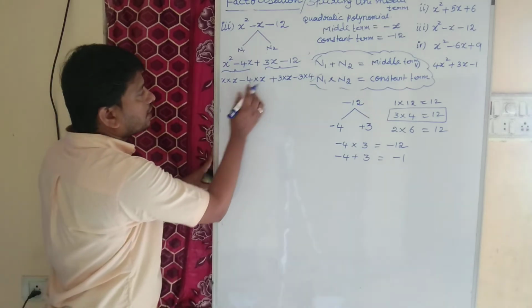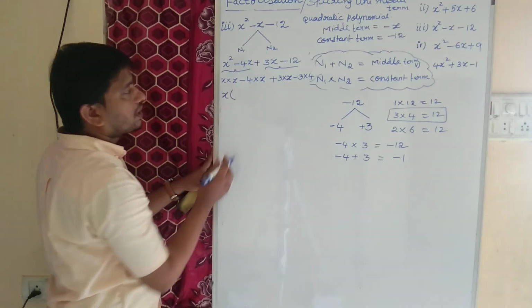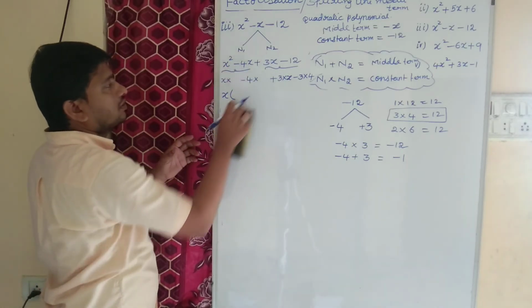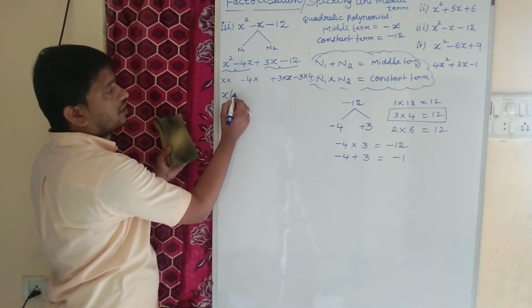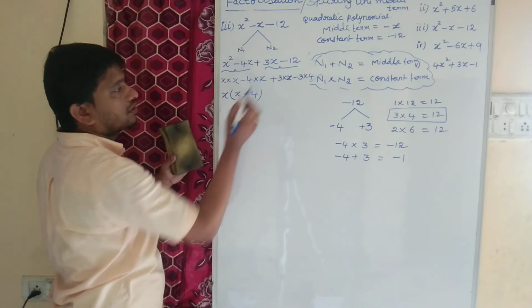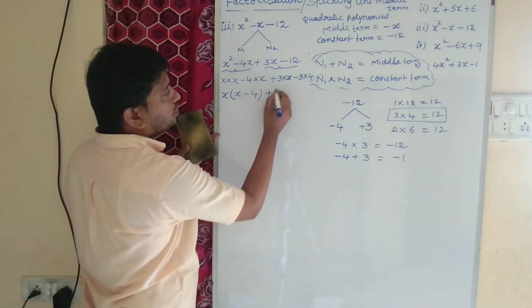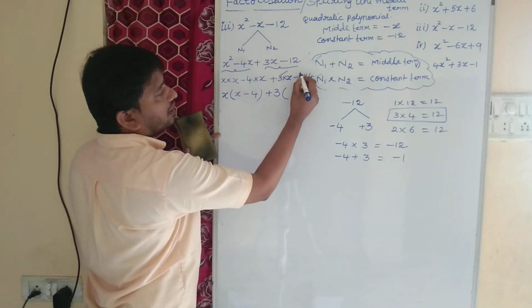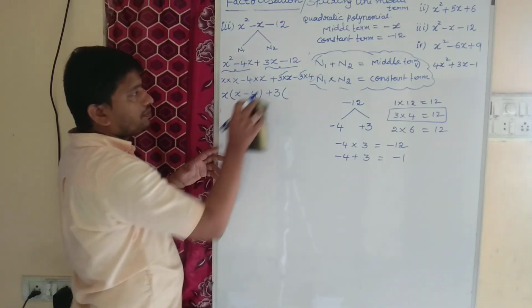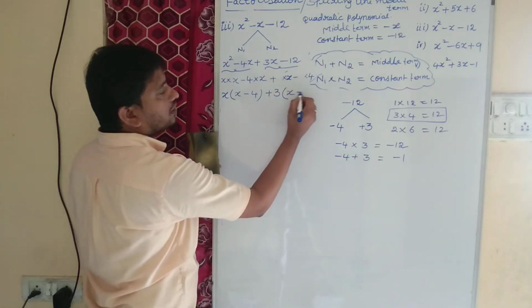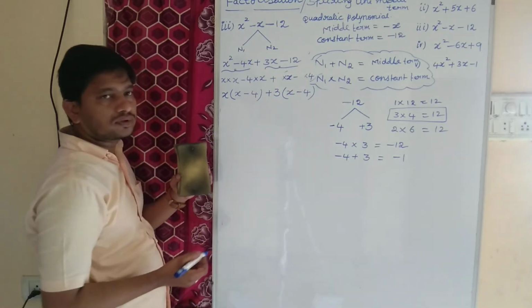Now from these two terms I can take x as common. If I take x as common, what is left over here, children? x and minus 4, right? Now from these two terms, if I take 3 as common, because here we have 3, here also we have 3, what is left over here? x minus 4, right?